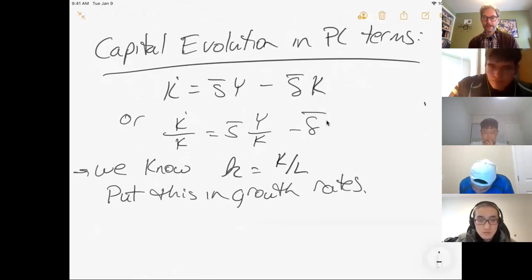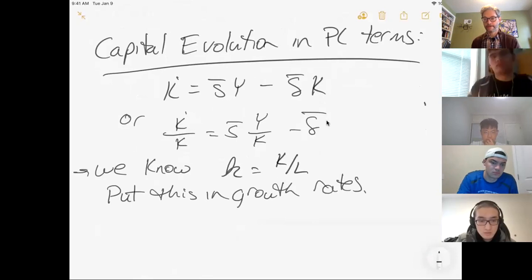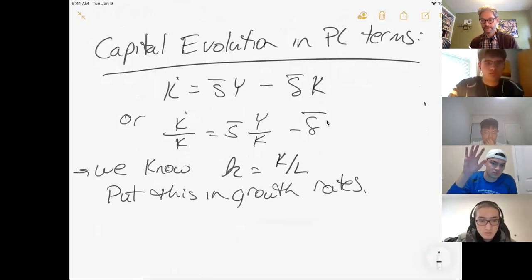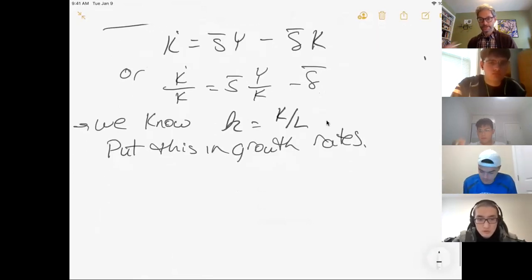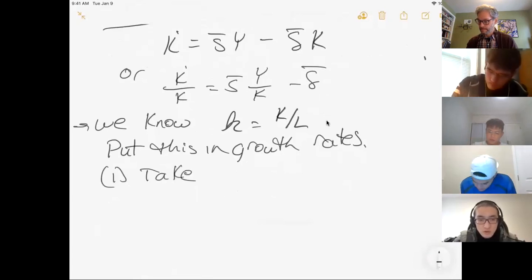Anybody remember from yesterday, how do you turn something into a growth rate if it's written in levels? To move from levels to growth rates, what do you have to do? Jordan? Don't you take the log? You take the log, and then you differentiate with respect to time, right? So let's do that trick. Take the log.